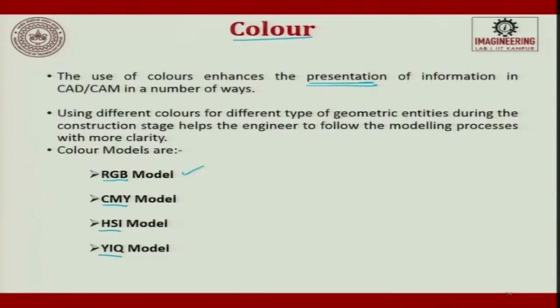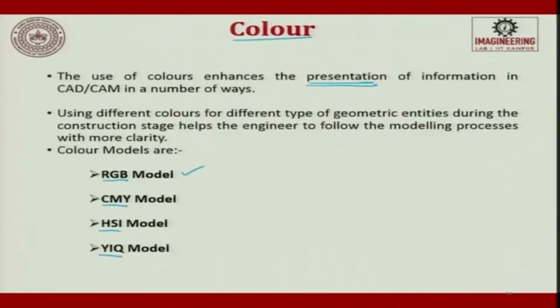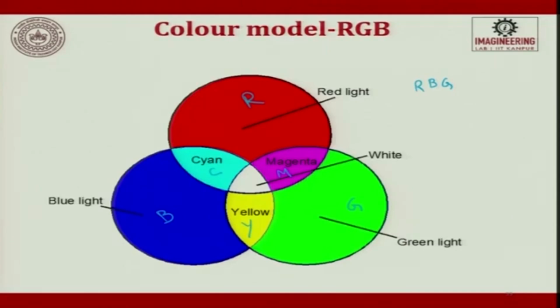This is very common red, blue, green model which we do, and this model when we try to do this R, B and G. So, this is R, this is B and G. When we try to have a merging of A union B, you get C, Y and M model. Look at it, C, Y, M model. Okay. When a combination of all these things happen, you get a white light. So, you can follow either this model for coloring or CMY model for coloring.